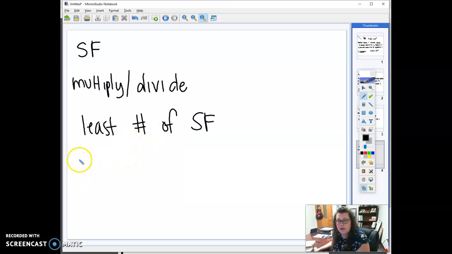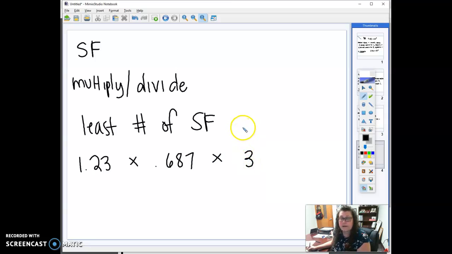So if I have 1.23 times 0.687 times 3, it doesn't matter with the decimals. This one has 1 significant digit, so our answer would have 1 significant digit.